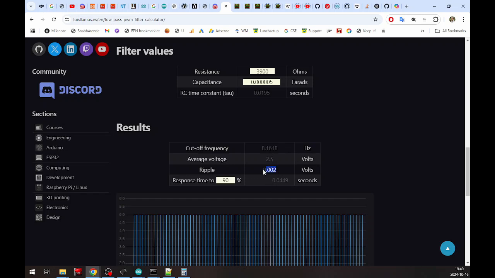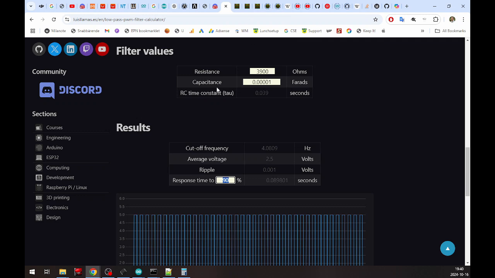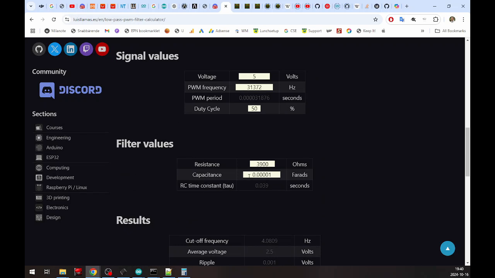And here we also get the ripple. And here we see that the ripple is bigger when we have a smaller value and smaller when we have a bigger value, just like what I showed here when we moved up and down with the values. So here you can find the correct resistors and capacitors.